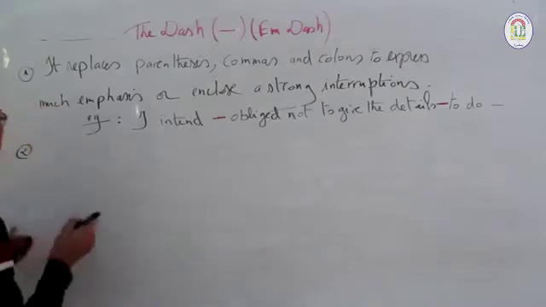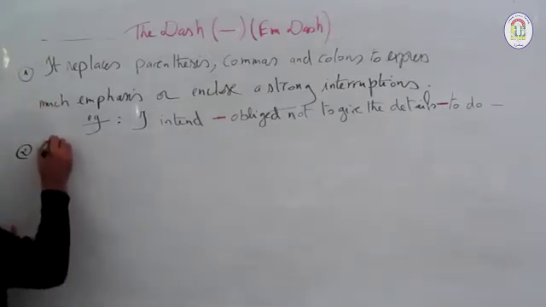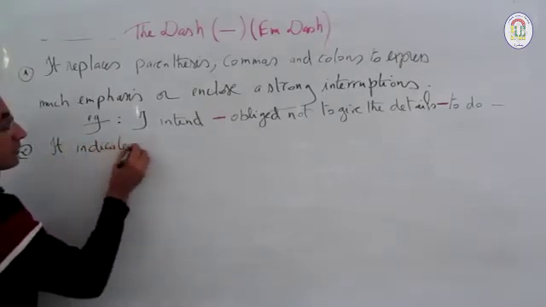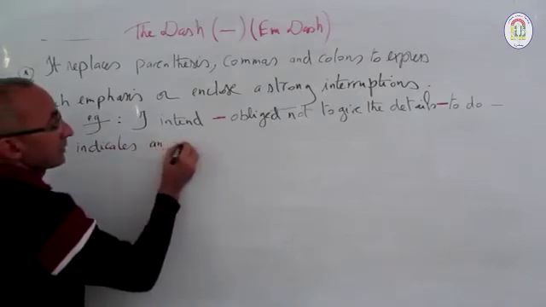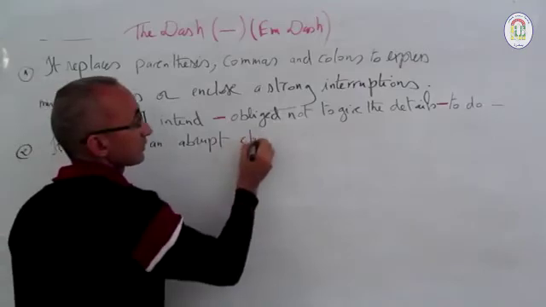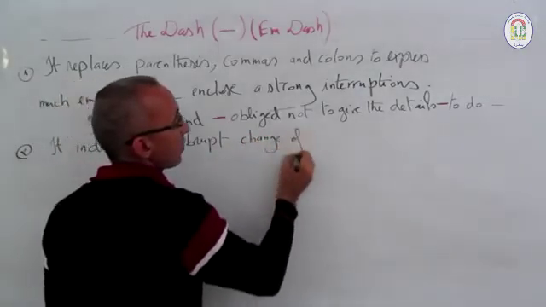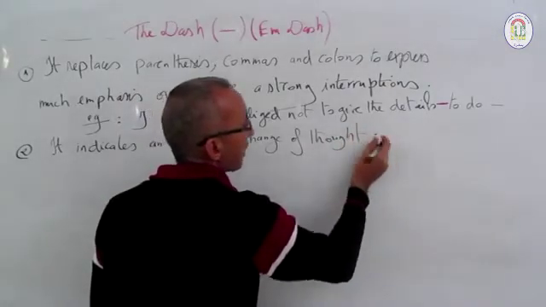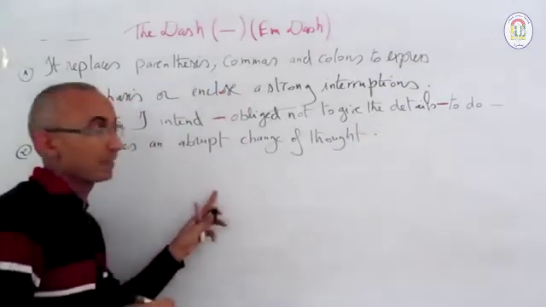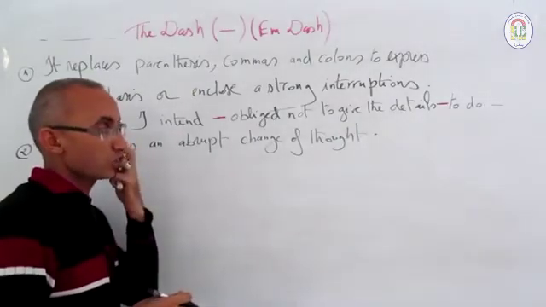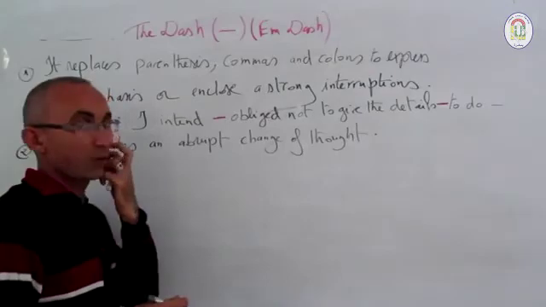So, number 2. It also indicates an abrupt or sudden change of thoughts. Clear? And this is used widely by writers in novels. You notice this dash used frequently, especially in dialogues between characters.